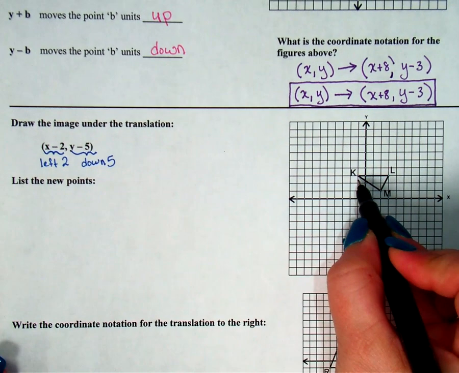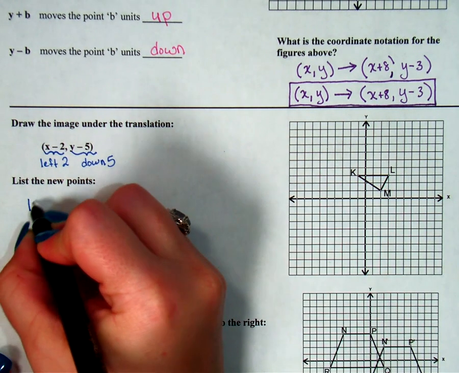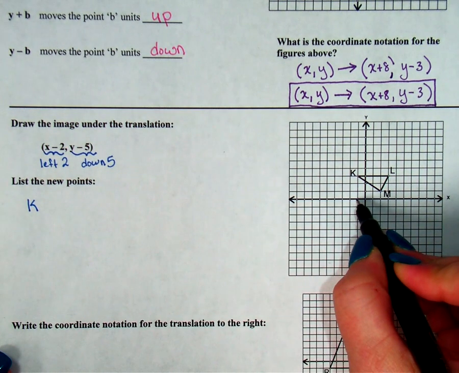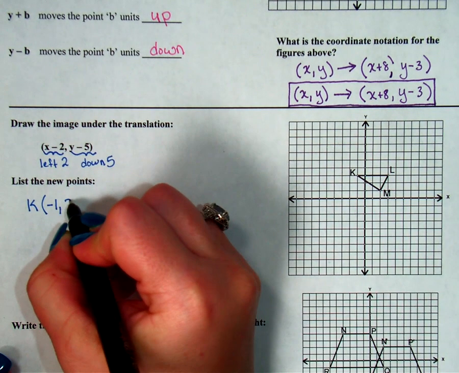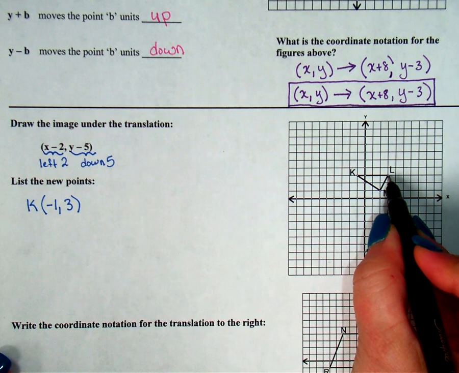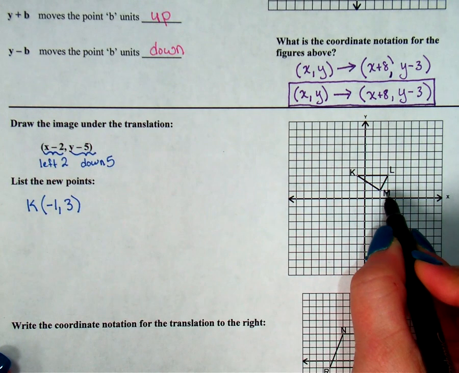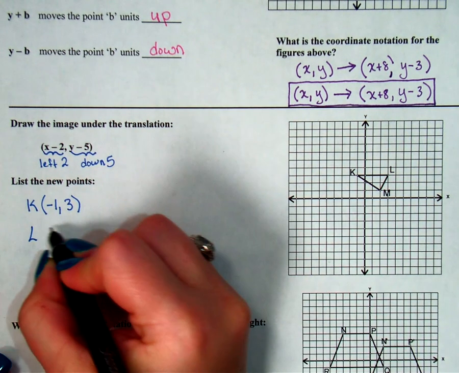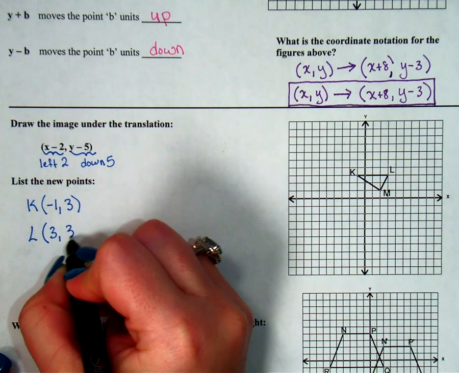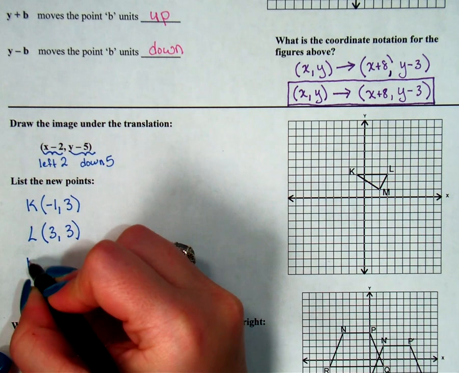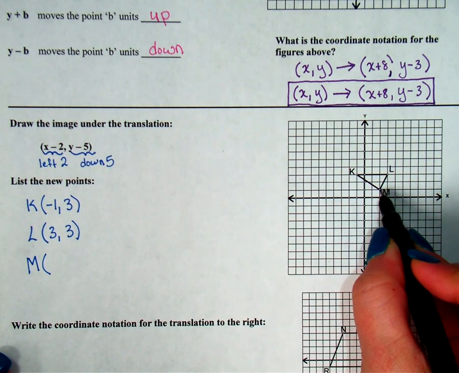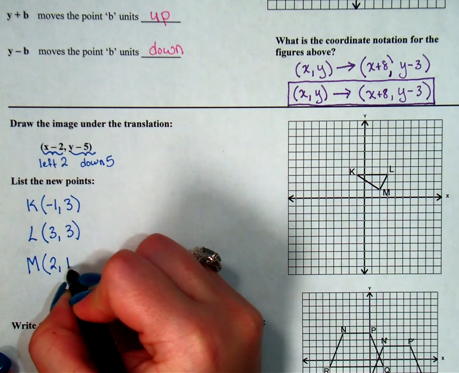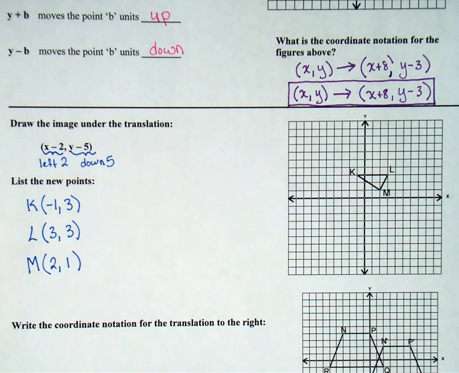Okay? So if I look at my points over here, K is at the point -1, 3. L is at the point 3, 3. And M is at the point 2, 1. Okay?